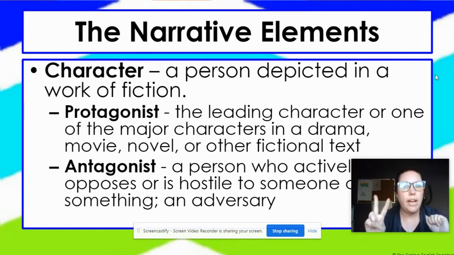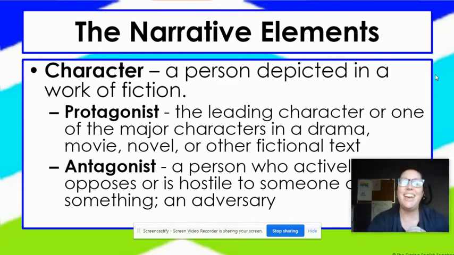So there are two types of characters. We have the protagonist, which we talked a little bit about yesterday, and the antagonist. The protagonist is the leading character, the main character. The antagonist is usually a supplemental character.